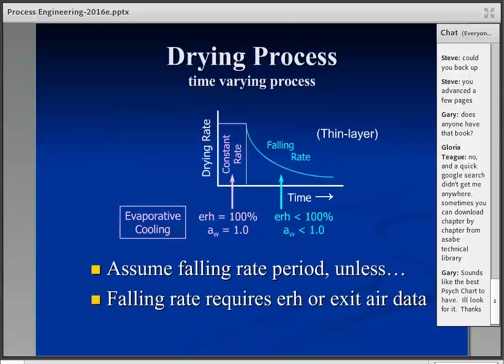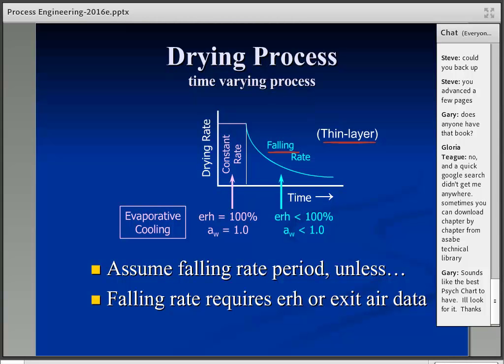This is a little more fundamental look at the way the thin layer process works. You may hear the term falling rate period. If you've got a drying process, it's usually going to be in the falling rate period, and that's where the thin layer drying equation, the Page equation, applies.